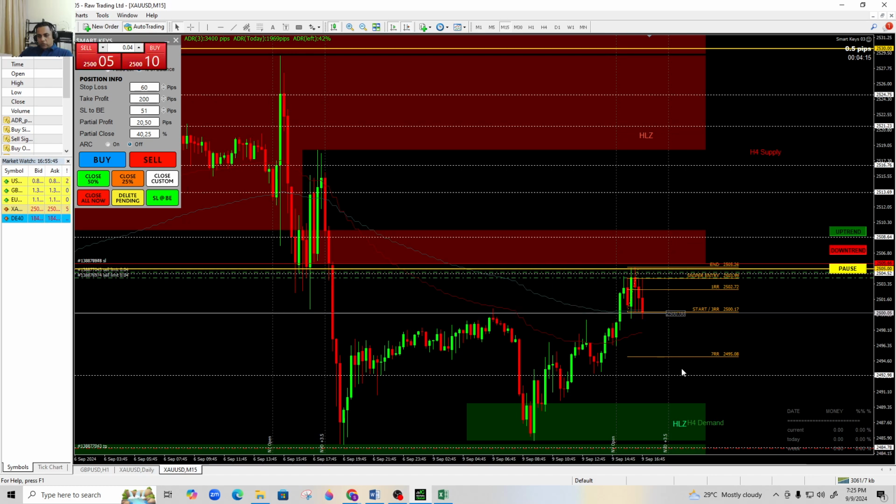Once the H4 candle closes, which is in 5 minutes, there can be a rush of volume coming into the market. That can do one of two things.